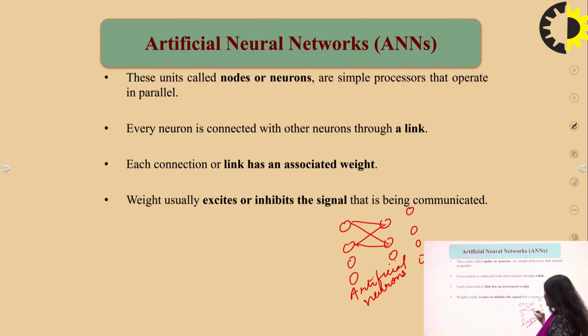As you can see, every neuron can be connected to the other neurons in this collection, and that way the information can be passed from one neuron to the other.